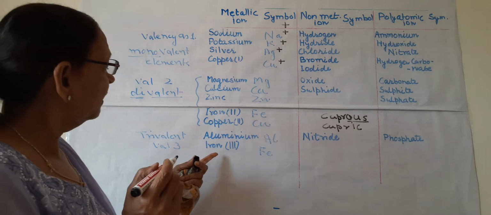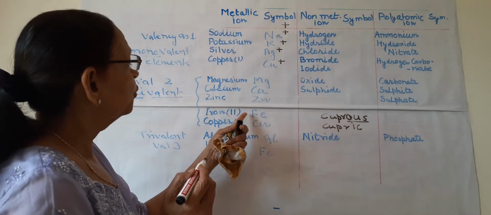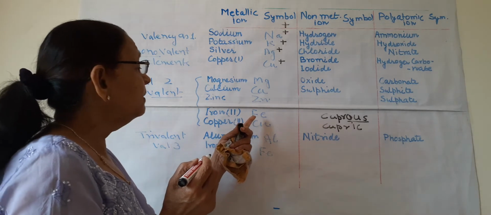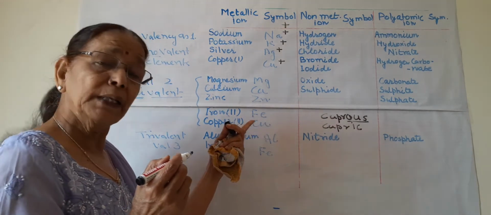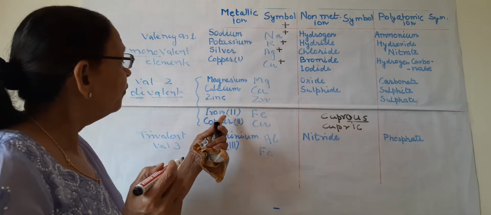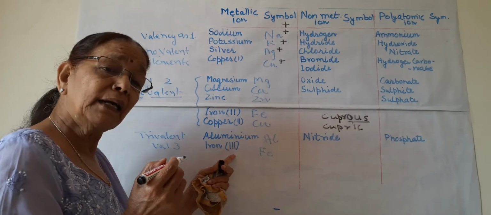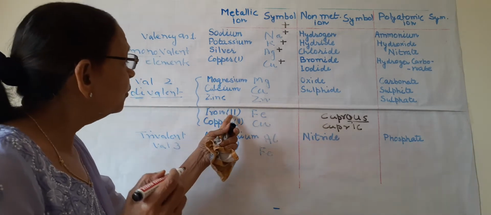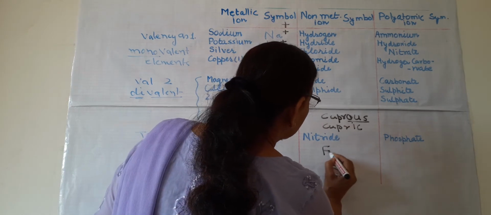Likewise, you can see here iron 3 and iron 2. The symbol of iron is Fe because it is derived from ferrum, the Latin word. So 2 is the lower valency and 3 is the higher valency. This iron is known as ferrous.